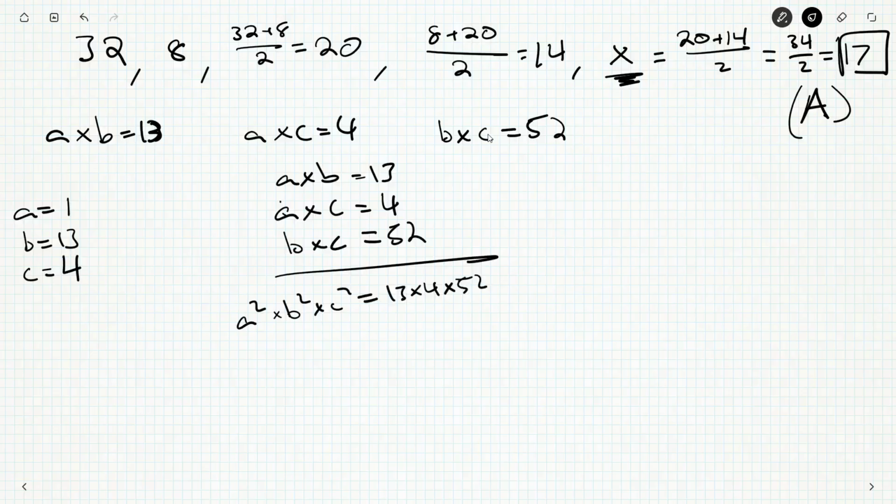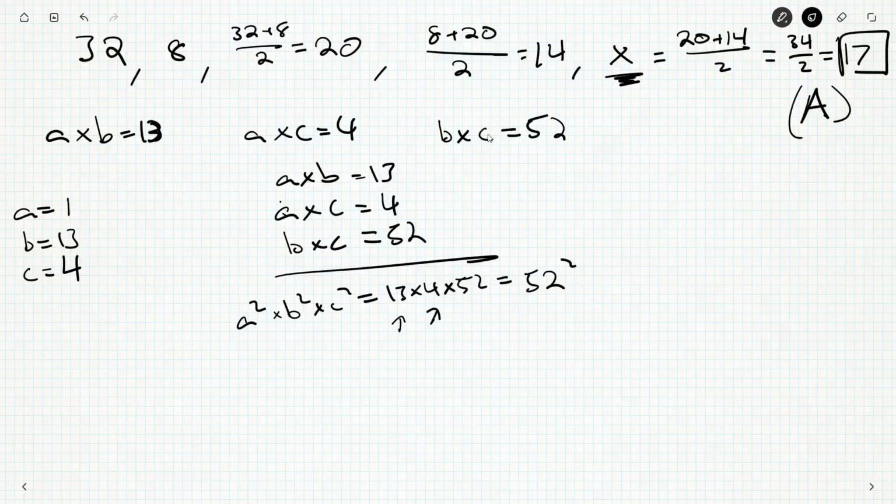Now, you might not know 13 times 4 is 52, but you likely do, because there are 4 suits in a deck of cards and 13 cards per suit, ace through king. So 52 is actually a pretty common number for mathematicians, because we tend to like games, don't we? So we get 52 times 52, or 52 squared.